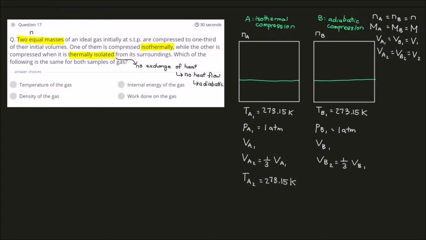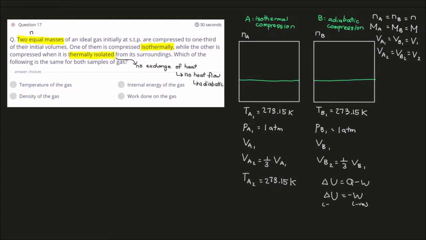But for system B, it's an adiabatic compression. If you look at it, delta U is equal to Q minus W, but because Q is equal to 0, delta U equals negative W. Now we know that this is a compression, so the work done should be on the gas, so it's negative.